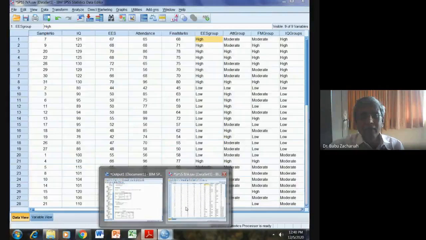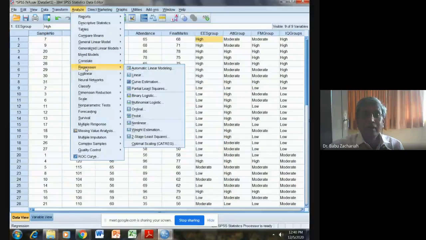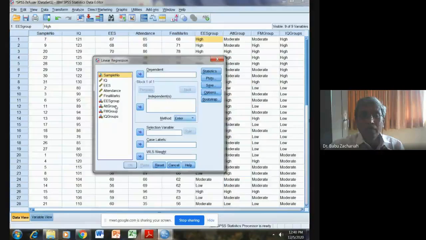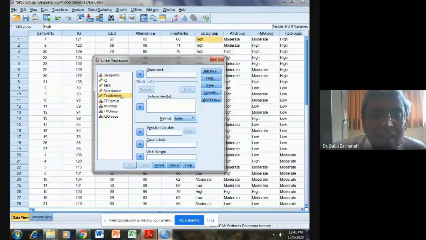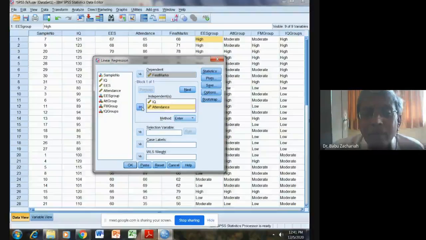So here you can go to Analyze, Regression, Linear, second one. Final marks should be the dependent variable. IQ is an independent variable. Attendance is also an independent variable. Okay? And then click on this one.